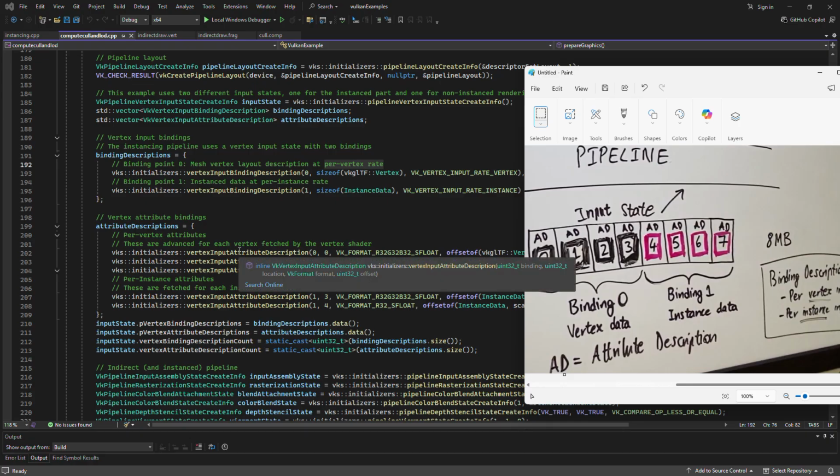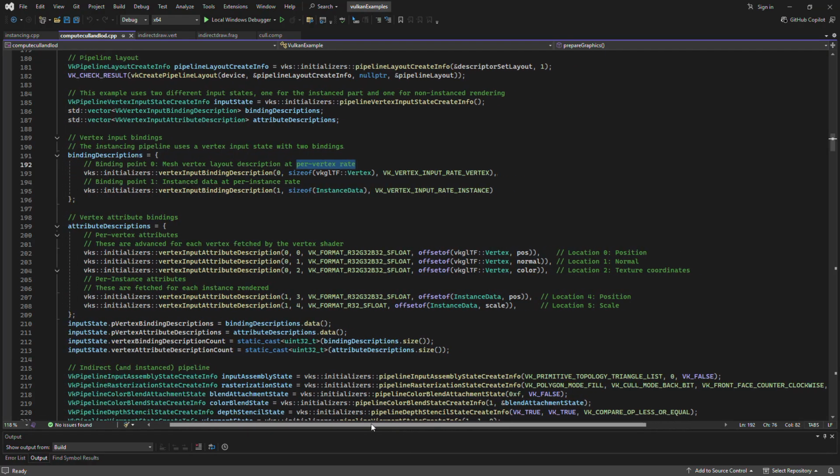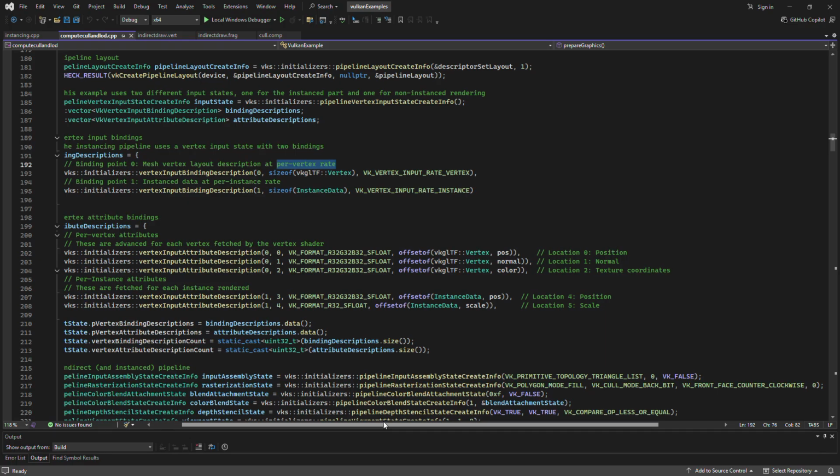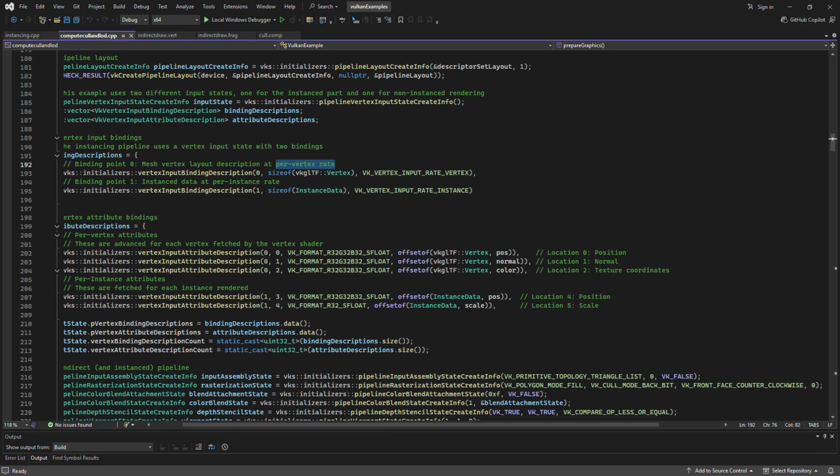Let us look at the signature for this. Again, we have bindings, and per vertex we have position, normal, and texture coordinates, right? So this is going to be binding 0, location 0, 1, and 2.